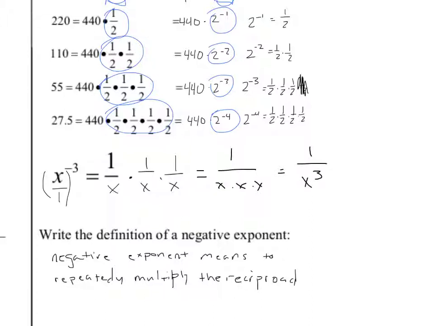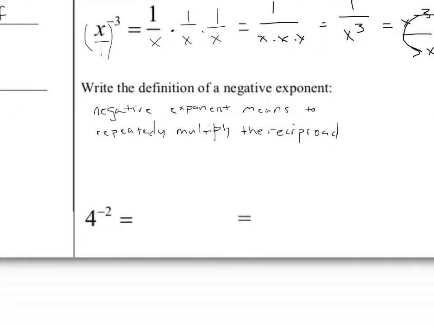So another way we can think about working with negative exponents is that all that really happened here is that we took this negative exponent and moved it over to the other side of the fraction bar and made it positive. So that's another way we can talk about defining how we work with negative exponents. So we're actually going to have 2 definitions here. One definition is that negative exponents mean to multiply by the reciprocal.